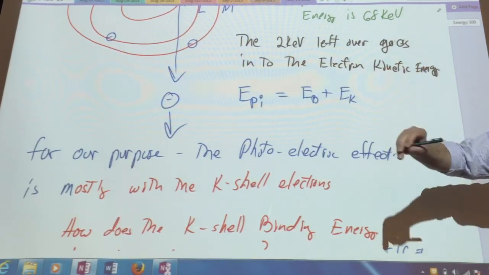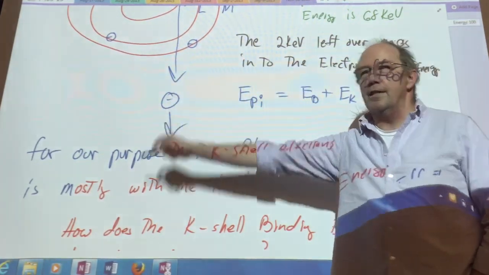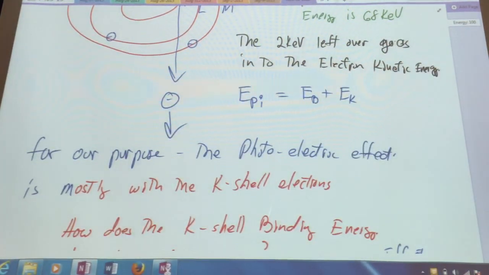Same idea, but where is this little creature going? It's going to hit their cells. We've ionized the atom. One atom of their bone has been ionized by this photon.